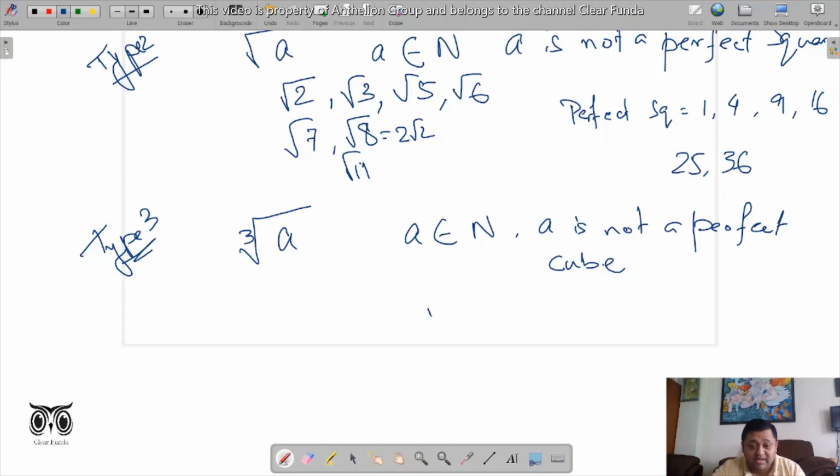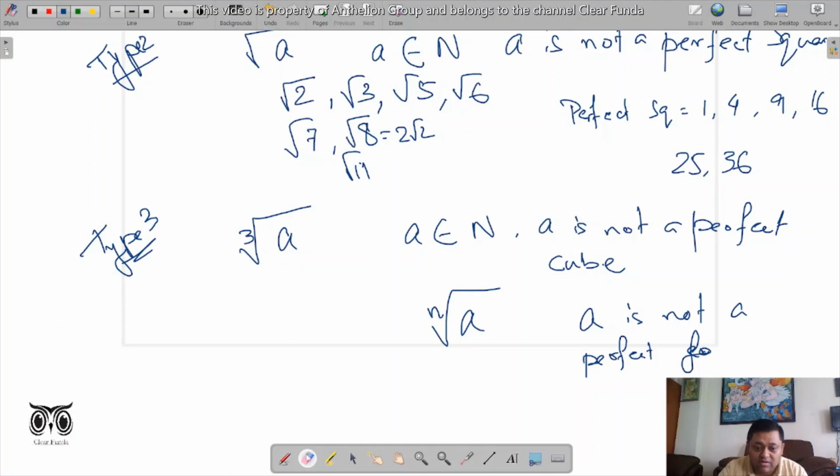So in that way you can say that nth root of any number A, where A is not a perfect nth power of a natural number. I hope you get my point.